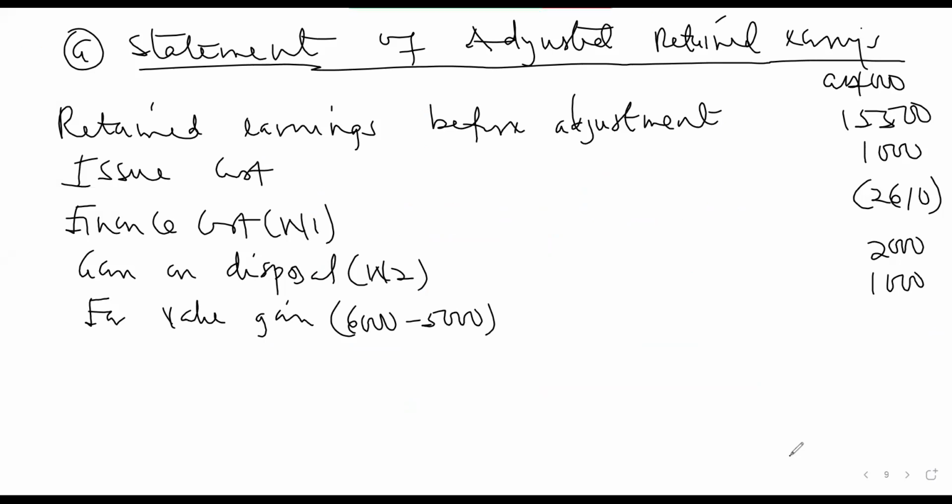It's still there. It means that this particular transaction has not been done. If this transaction should have been done, then the investment property should not be there. We should have added the 6 million to property, plant and equipment, and we will now add the 1 million to our profit, but they haven't done it. So we are going to remove the 5,000 from the investment property and now send 6,000 to PPE.